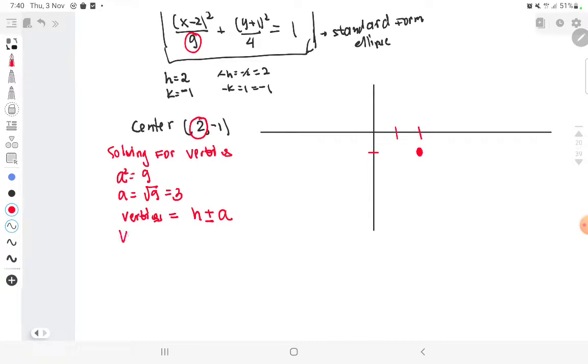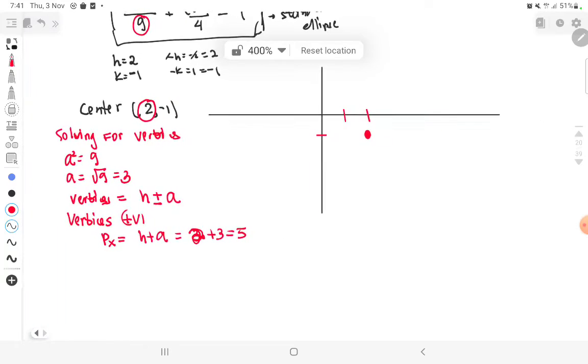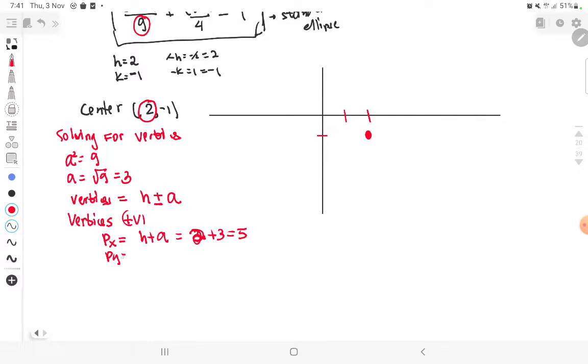So solving for vertex 1, or positive vertex, I will have px is equal to h plus a, which is equal to 2 plus 3, equal to 5, and its py, of course, is equal to negative 1.